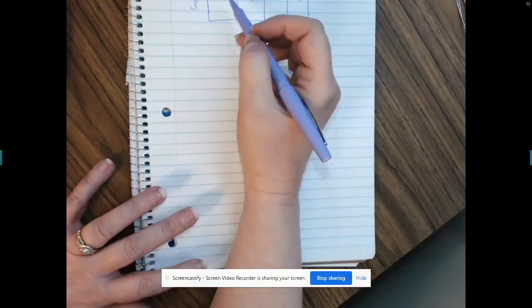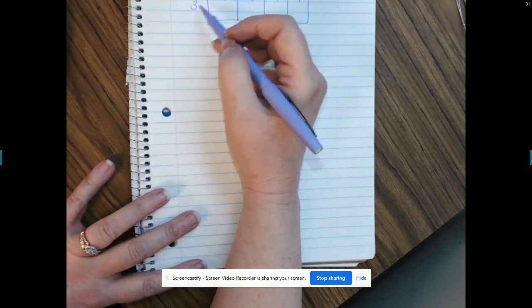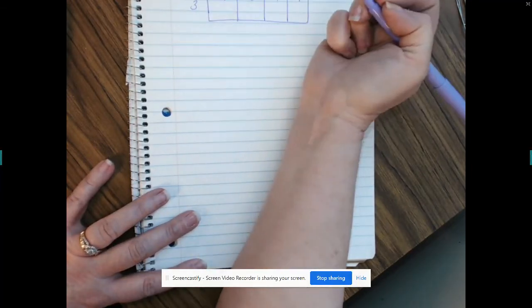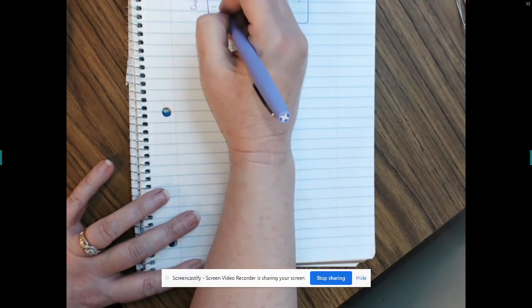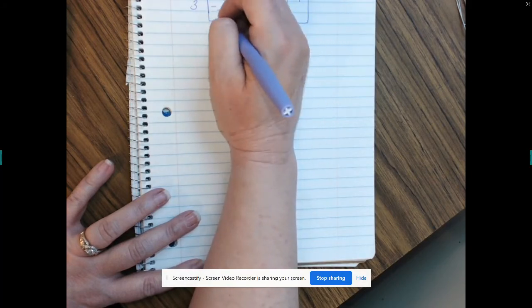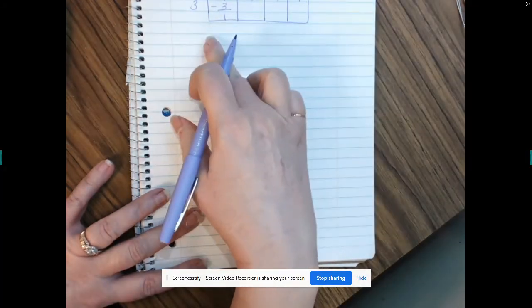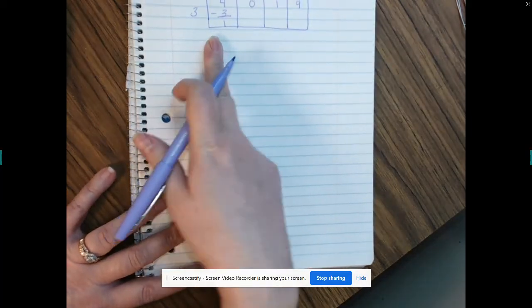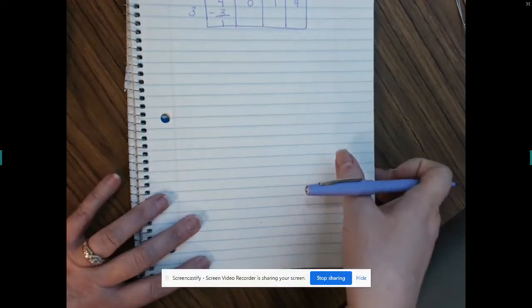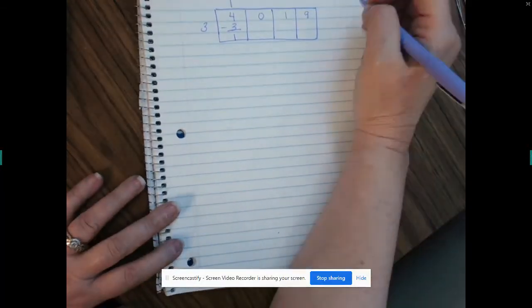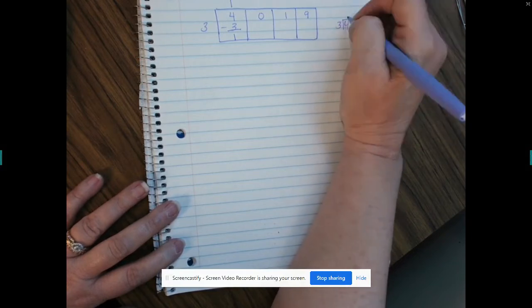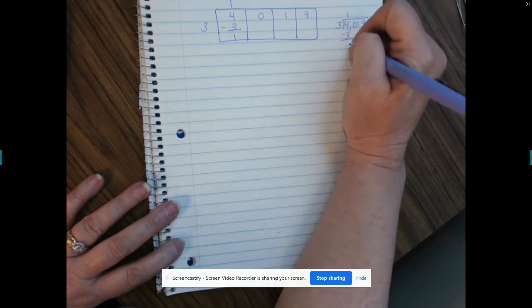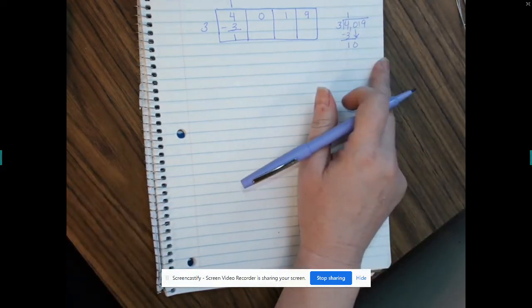Okay, so I want to divide 4 by 3. I have 1,000. Okay, so I'm going to take 1 times 3 and subtract 3. 4 minus 3 is 1. This is what I like about this method, because in the traditional algorithm, when we bring down the 0, they don't necessarily know what they're doing.